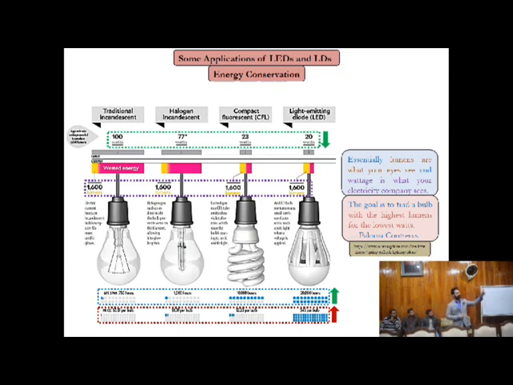We can see how the LED, which is on the extreme right, saves at least 80 watts in comparison to the incandescent bulb, which is on the extreme left. So if this incandescent bulb is consuming 100 watts to produce 1600 lumens, to produce a similar amount of light, similar 1600 lumens, we see that 20 watts are required by the LED.